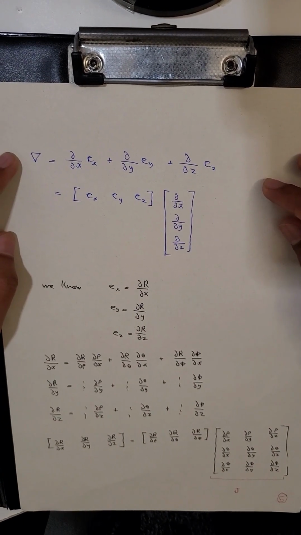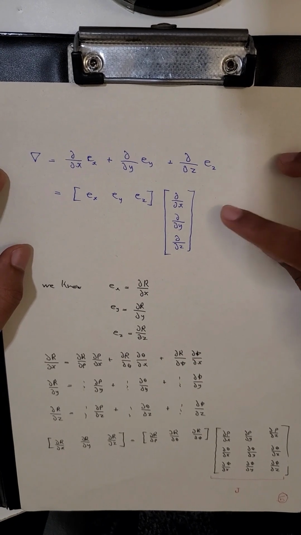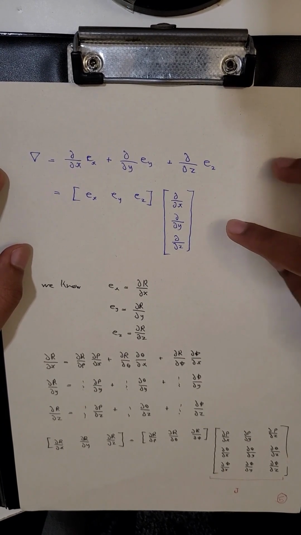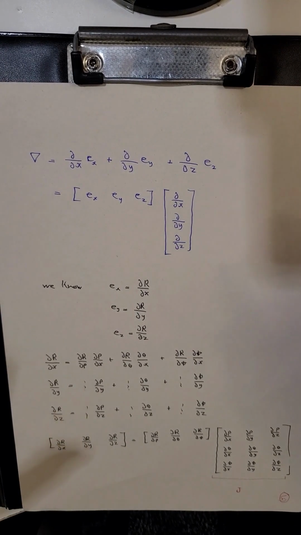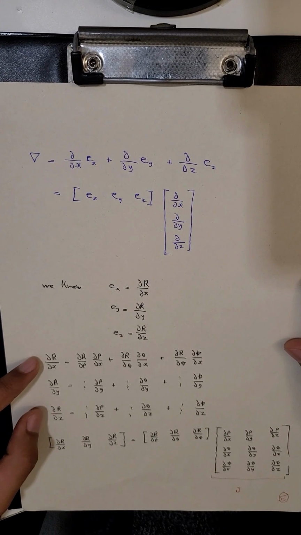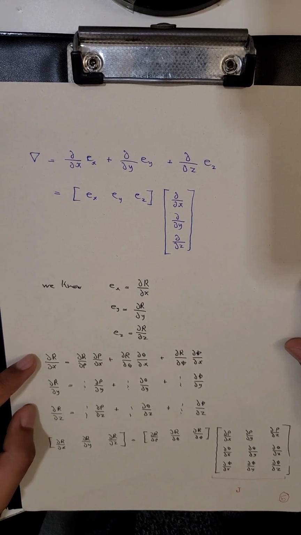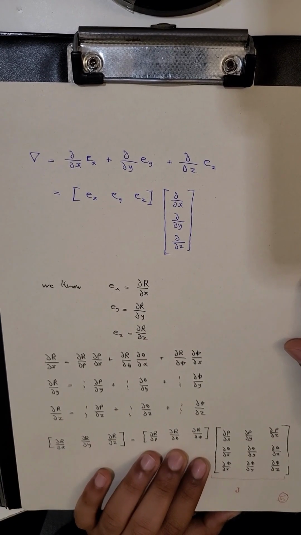It's a vector, and it can be represented in Cartesian coordinates, and the components of the vector are partial x, partial y, partial z. And we can find the matrix or the transformation relating the basis vectors in Cartesian coordinates to the basis vectors in spherical coordinates.